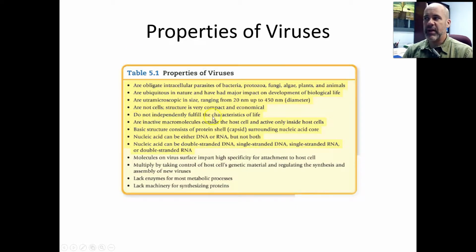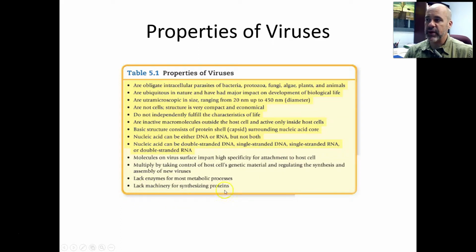They don't independently fulfill all the characteristics of living things, so they're not by themselves metabolically active. They've got to go into a host cell to reproduce. We talked about the basic structure and some of these other things. So be sure you review that table if you have not already read that in your textbook.